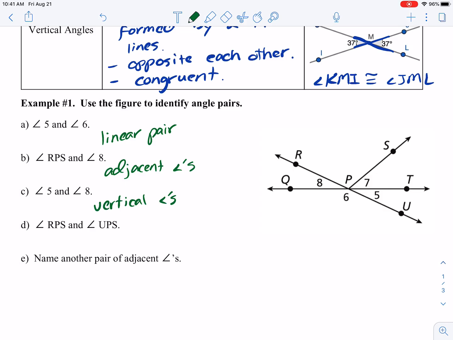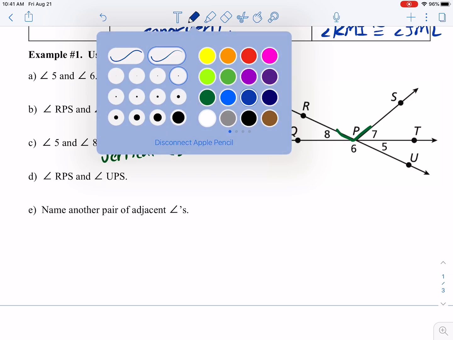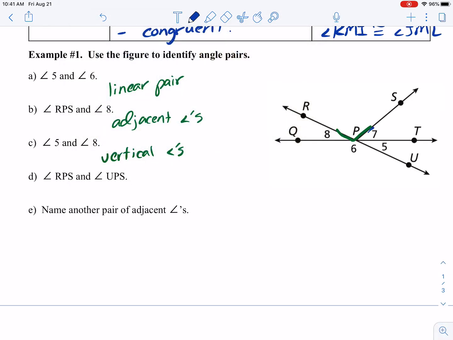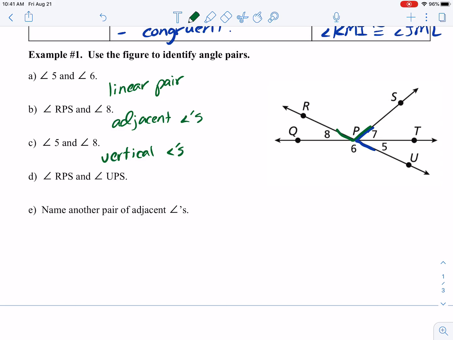Angle RPS, whoops, sorry about that. Angle RPS and angle UPS. Those are definitely adjacent, and they form a straight line, so this would be a linear pair.